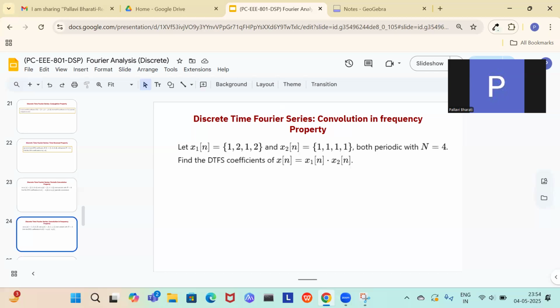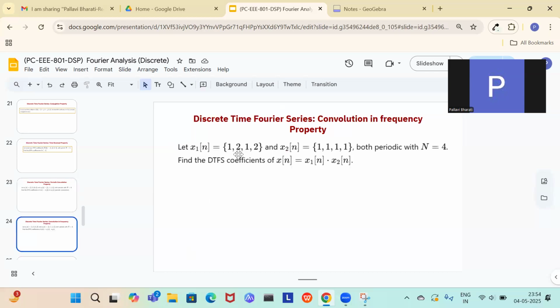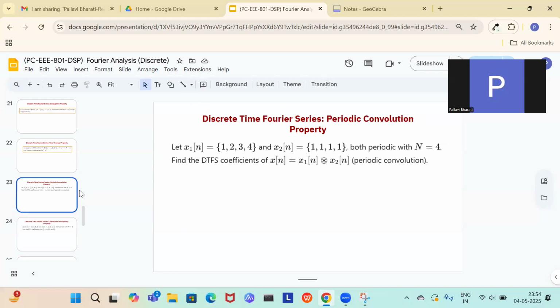In the previous case also, you first found the coefficients, x1[k] and x2[k], and then did the multiplication. In both cases you needed to find the Fourier series coefficients first, because they were not given. In the previous examples the coefficients were given, but in these two examples, although it is very long, the Fourier series coefficients are not given.